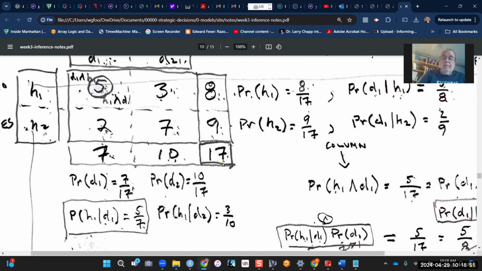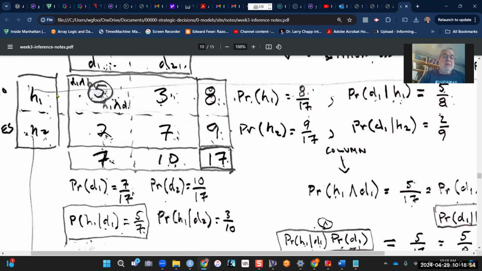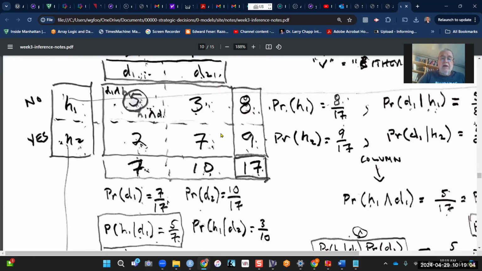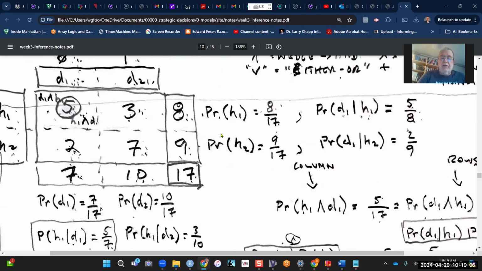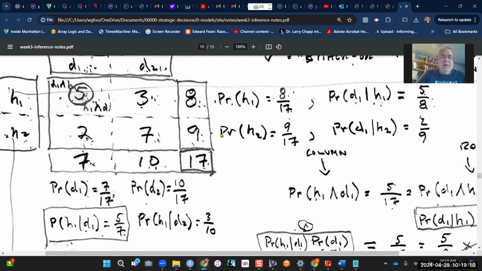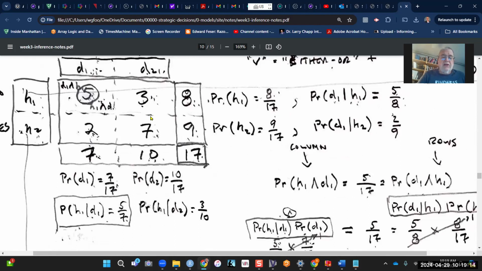Well, we can now calculate the probability of this hypothesis given this piece of data. It works out to being 5/7. Different than the 5/8 up here. Whoops, sorry about that. Different than the 5/8, sorry, the 5/7 up here. And then 3/10 different than the 2/9.